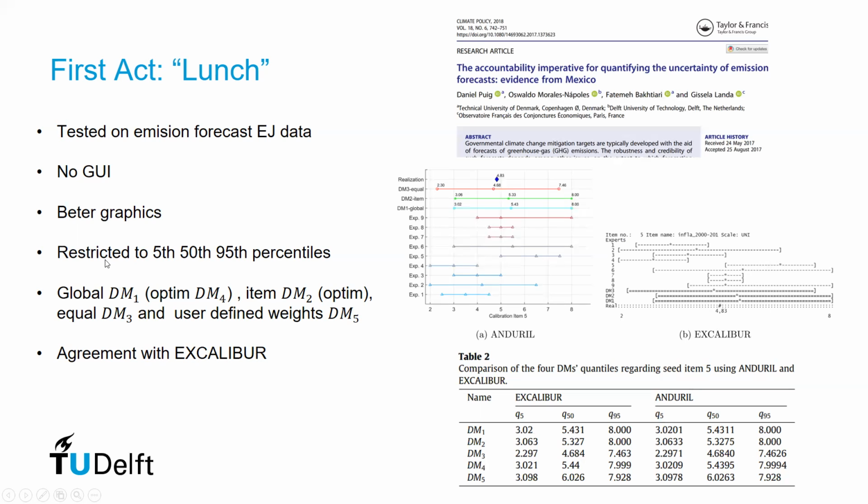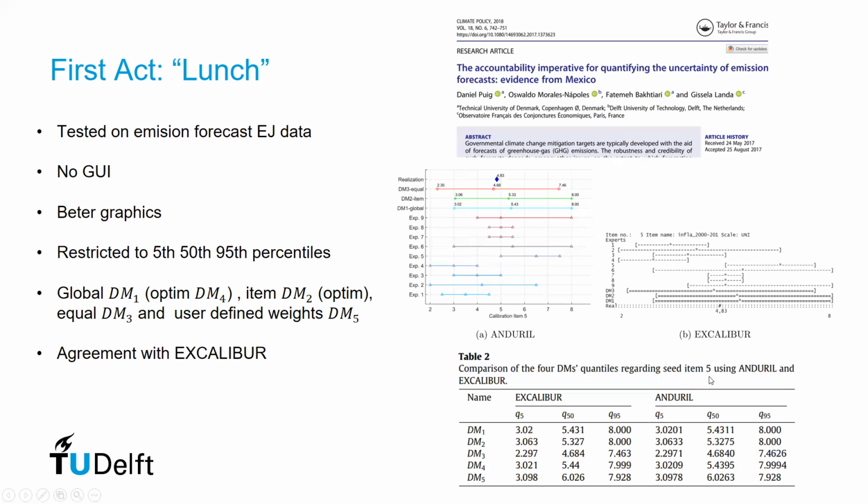One disadvantage of Anduril is that this was restricted to the 5th, the median, and the 95th percentiles. But it did implement a global weight decision maker with optimization, item weight decision making with optimization, equal weights, and user defined weights.